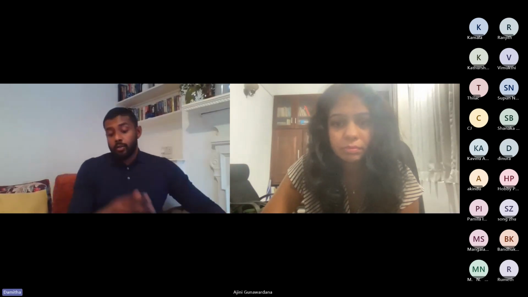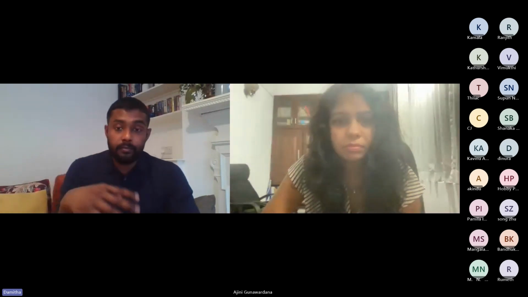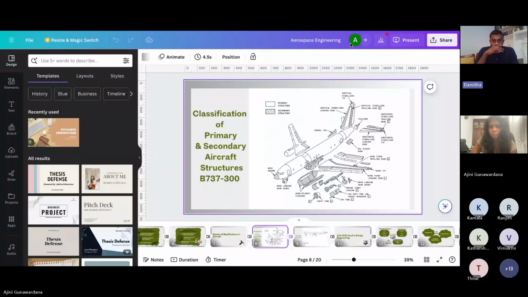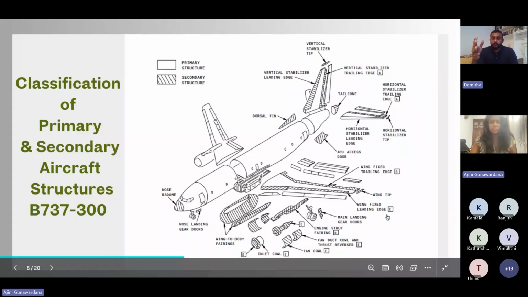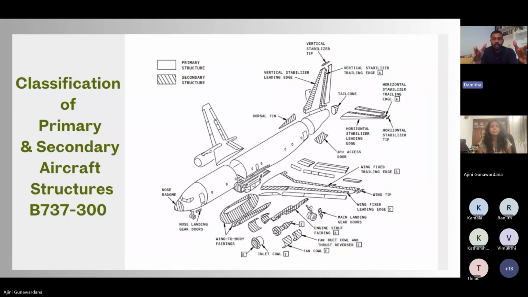So when you do structural design, there are two things you need to keep in mind. Can you see? Yeah, we can see. In an aircraft, it's defined as primary structures and secondary structures. The secondary structures are the ones that are hatched, so not a lot.